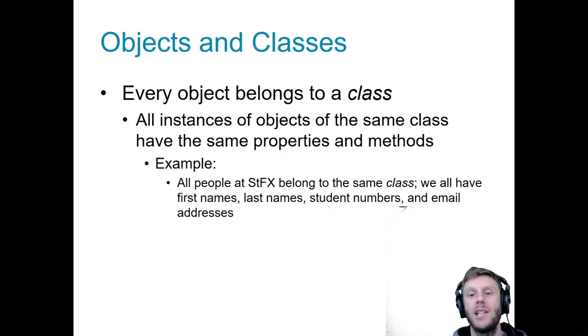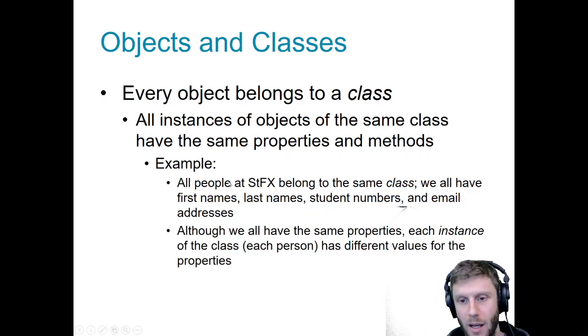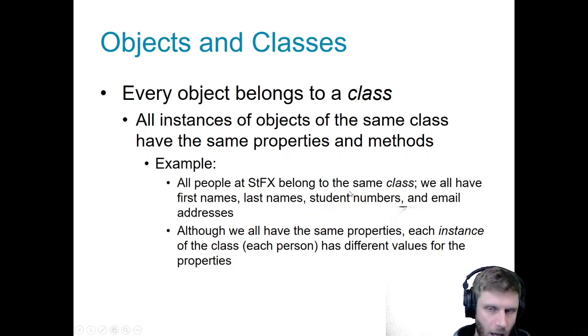If I wanted to write code to define what it means to be a St. FX student, I'm going to make a class, and that class is going to have four attributes: first name, last name, student number, and email address. All of the students here have those things.